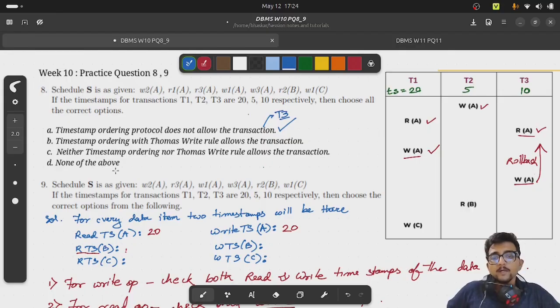Fine. So now the next option is asking: timestamp ordering with Thomas Write rule allows the transaction. So what is this Thomas Write rule?